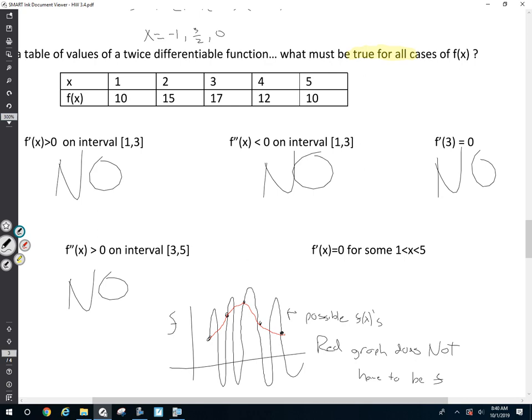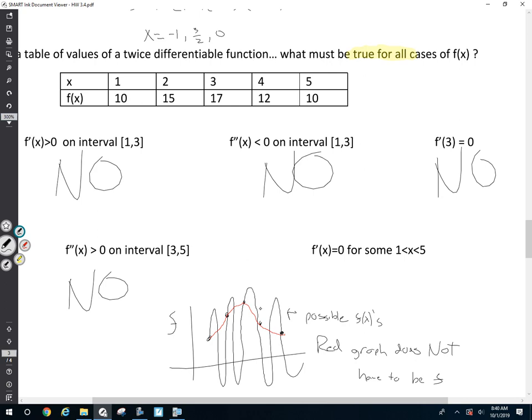But what has to be true is this. F prime of x equals 0 for some x between 1 and 5? Oh my goodness. We are twice differentiable. That means this function is differentiable.